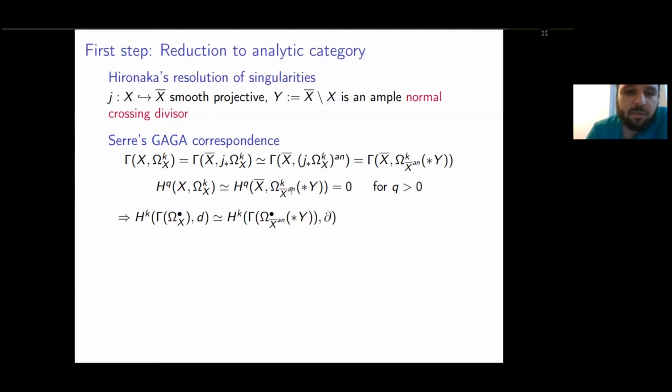And so the cohomology of the global sections of algebraic forms, which we know is isomorphic to the cohomology of the global sections of these meromorphic forms with poles along Y, since this complex of sheaves is acyclic, is exactly the same as the hypercohomology of this complex.